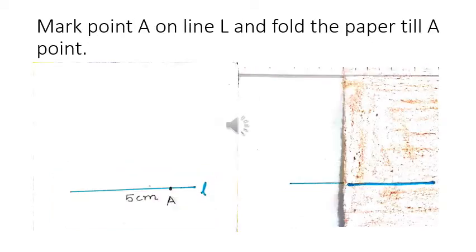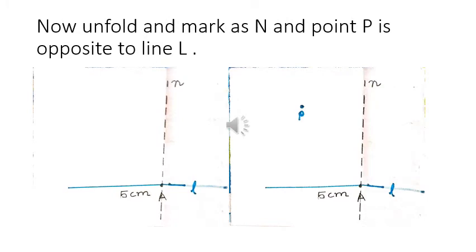Now on L mark A anywhere on L and then fold it as I have folded it, which you can see on your screen. Now unfold it from where you folded at point A. Now you have a perpendicular line, which you can see as a dotted line on your screen.